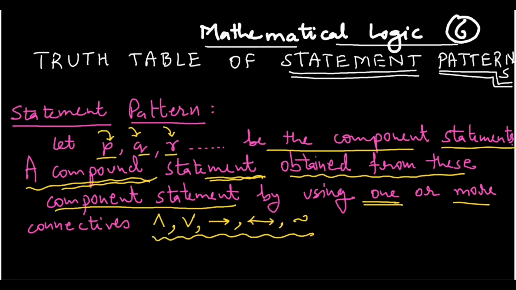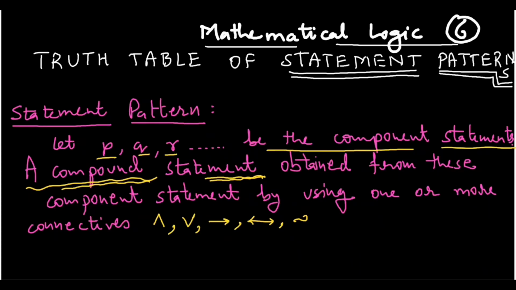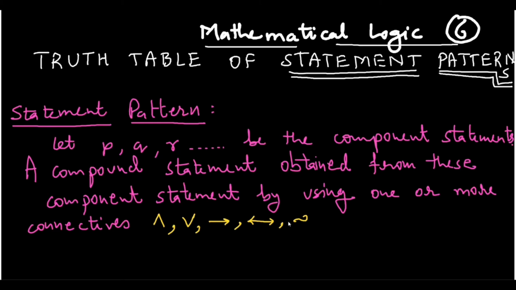You are using component statements along with the connectives. So when you use component statements along with connectives, what you get, students? You get a compound statement. That compound statement is nothing but the statement pattern. It is called a statement pattern.